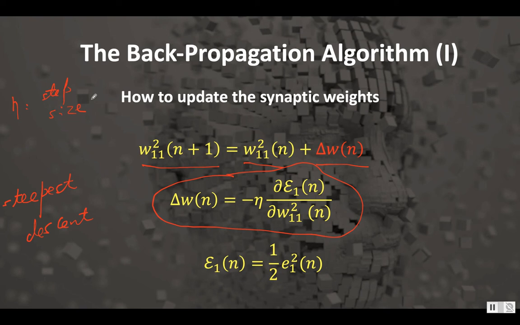The advantage is that it's pretty straightforward and very simple. The limitation is that the choice of eta can be really tricky. If eta is too small, it takes a really long time to converge to the optimum weight. If eta is too large, the adjustment will jump back and forth and never really converge to a point. This is the advantage and the limitation of the steepest descent method.